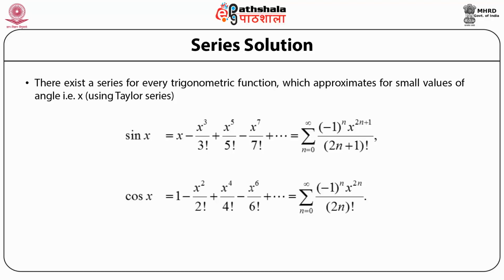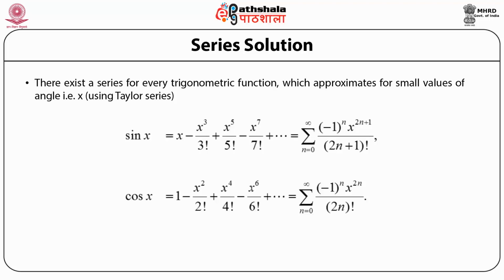You can also write it as summation n is equal to 0 up to infinity minus 1 raised to the power of n x raised to the power of 2n plus 1 divided by 2n plus 1 factorial. You can also write cos x similarly, but with a slight modification.